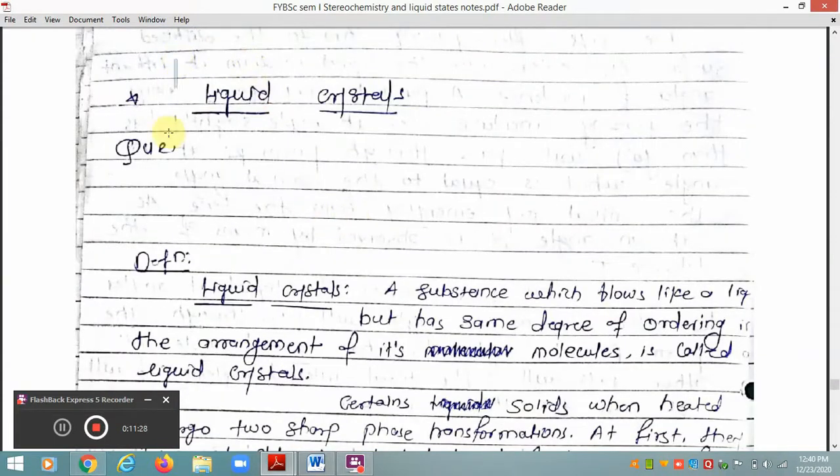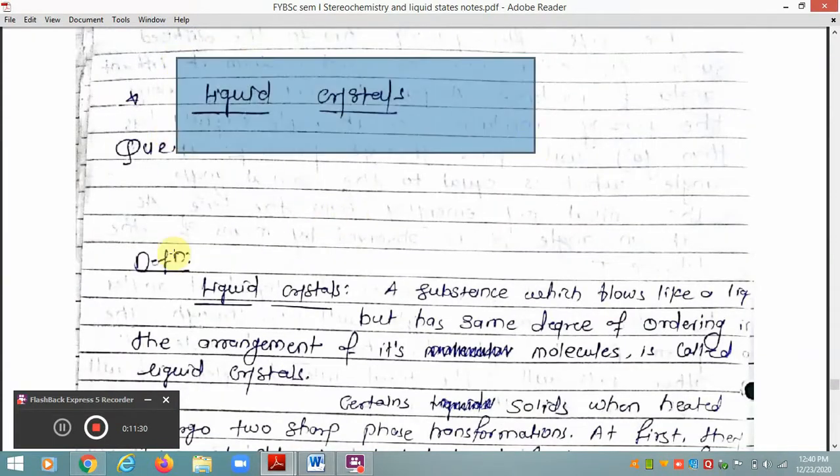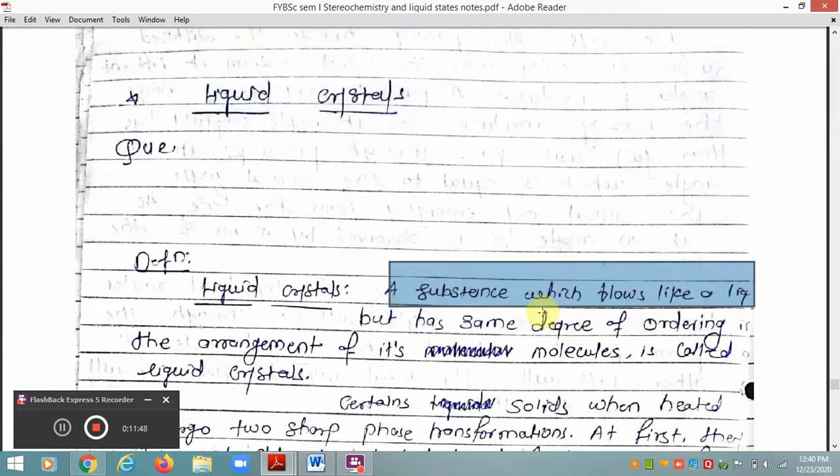Another part of the study of the liquid state is called liquid crystals. Generally we use the term crystal for solids, but here we are going to talk about liquid present in the crystalline form, that is, liquid crystal. A liquid crystal is a substance which flows like a liquid but has some degree of ordering in the arrangement of its molecules.